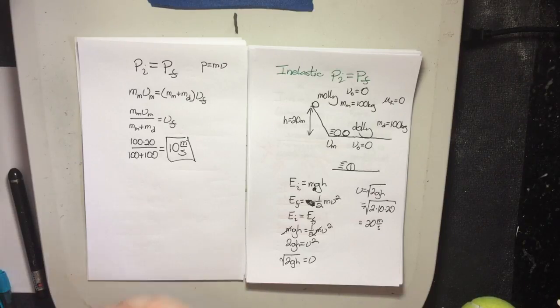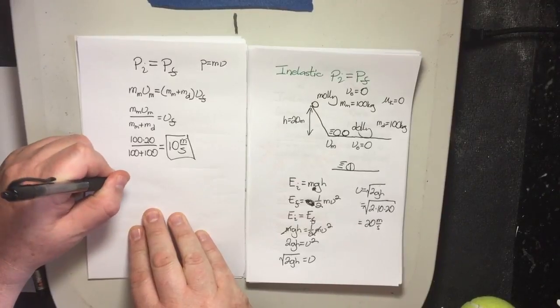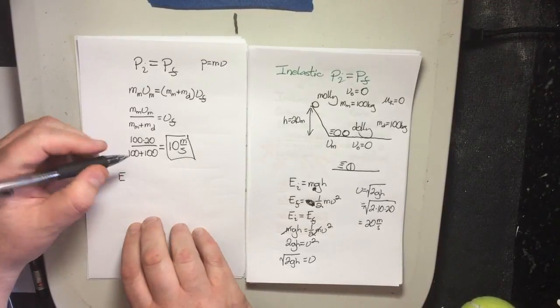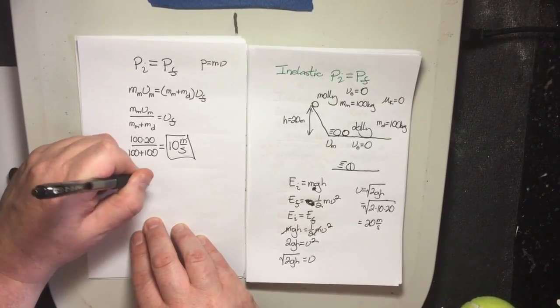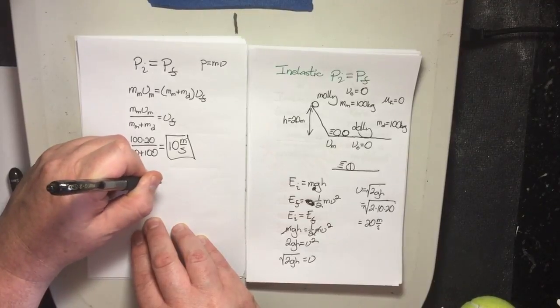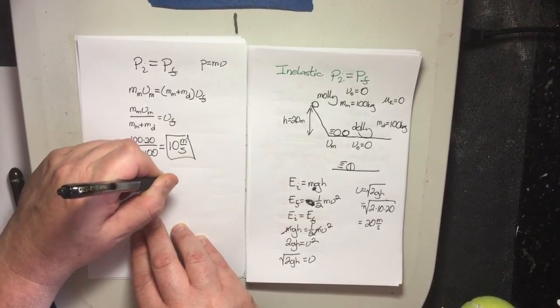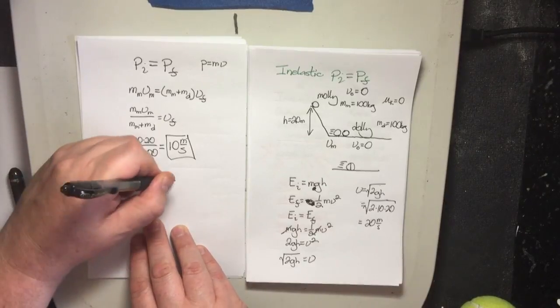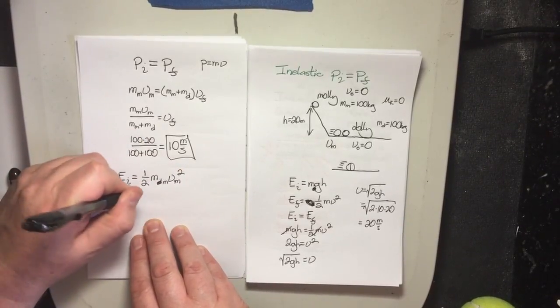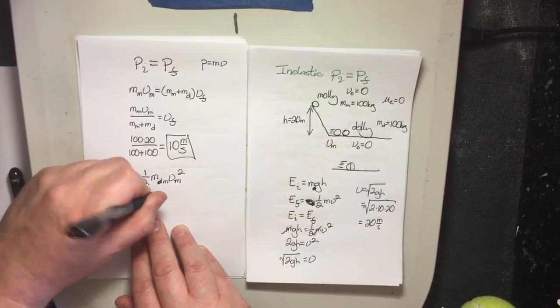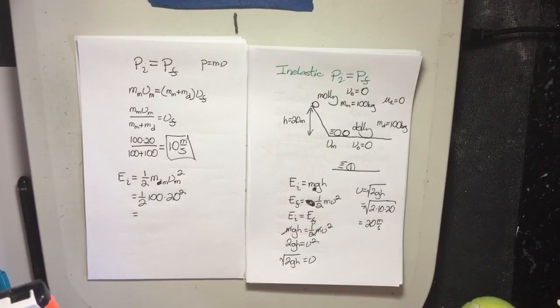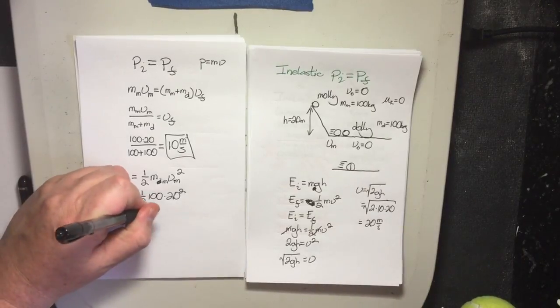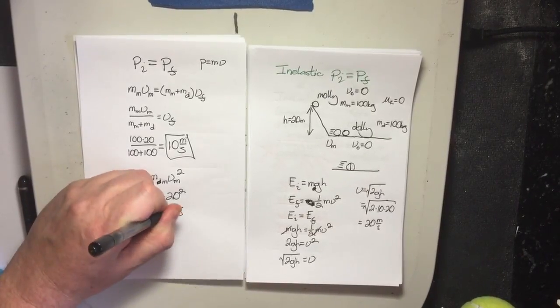Let's say it was. Well, what is the initial energy prior to collision? Well, it's only the kinetic energy of Molly. So 1/2, 100 times 20 squared. So 50 times 400 is 20,000 joules.